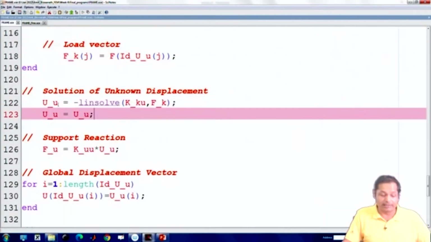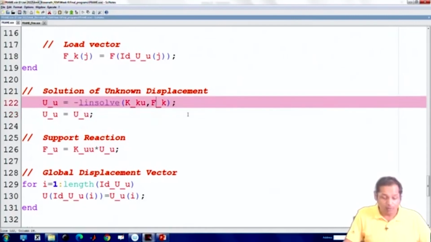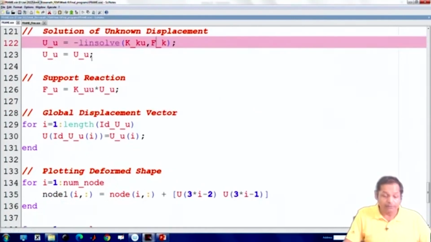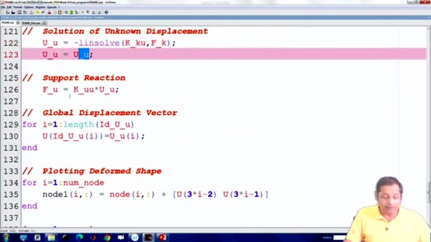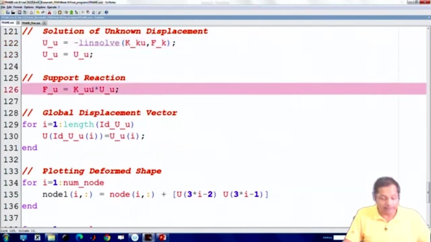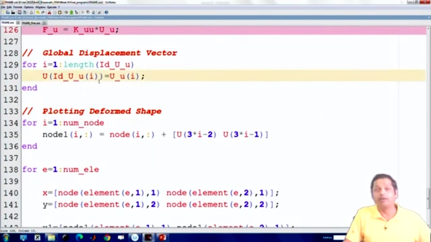The solution is exactly the same. This is the solution. Once we know the unknown displacement, then we need to find the unknown forces, which are the reactions here. So we can find the unknown forces and then populate the global degrees of freedom vector, updating it based on the computed displacement.